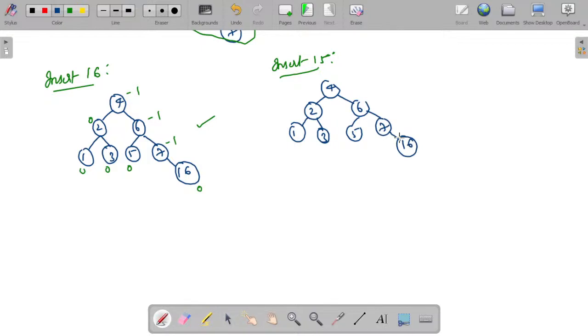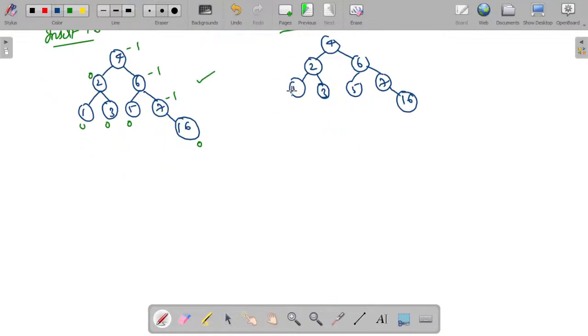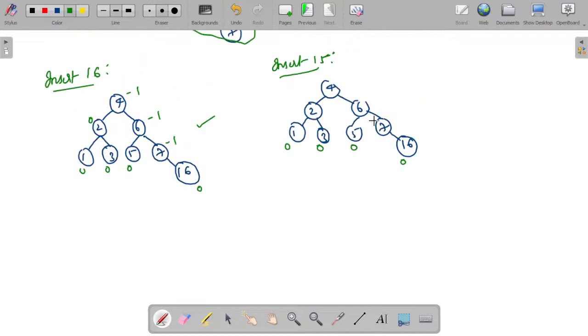Now we should compute the balance factors for this tree. So 0 for leaf nodes, obviously. Oh, I did not insert 15 yet. My apologies. Let me insert 15 first. 15 will go here.